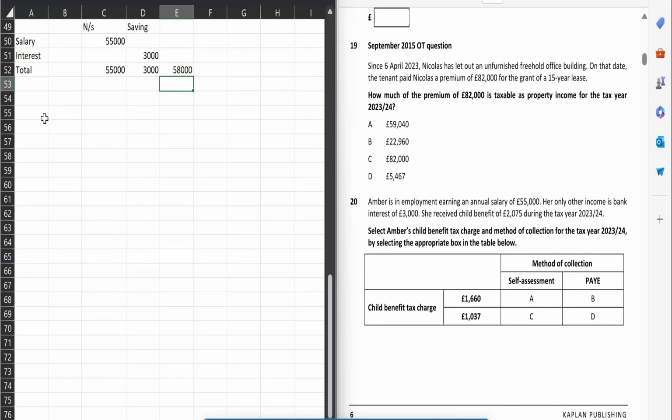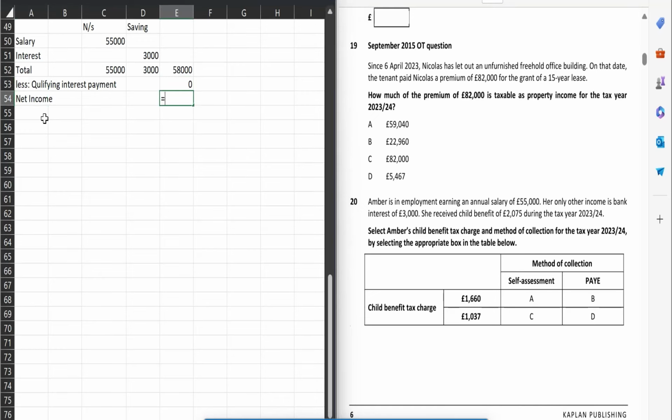If there is any qualifying loan interest payment, we have to deduct it from the total income. In our case there is no such qualifying loan interest payment, so we just keep zero. We will arrive at the net income.